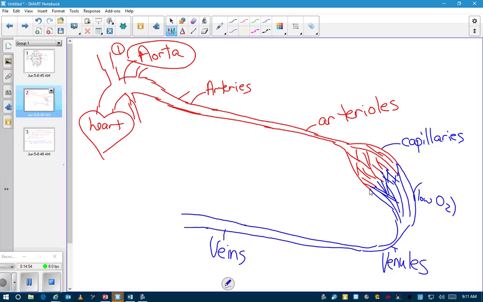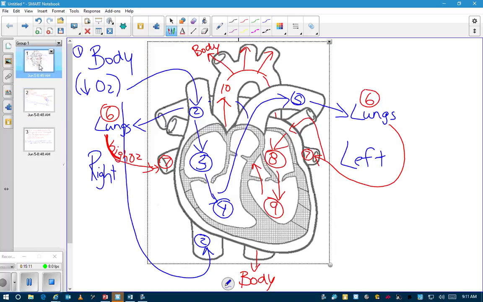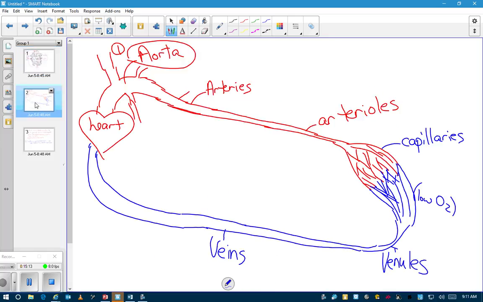And then, does anyone remember what the largest vein in the body is called? Right before it gets to the heart. So in our heart diagram, yay, the Vena Cava.